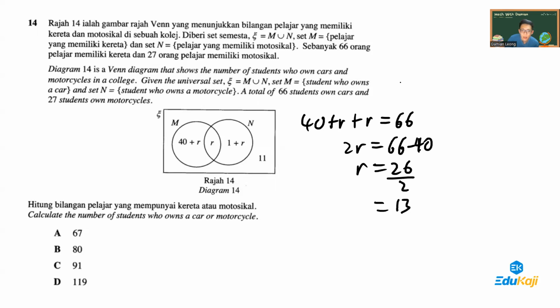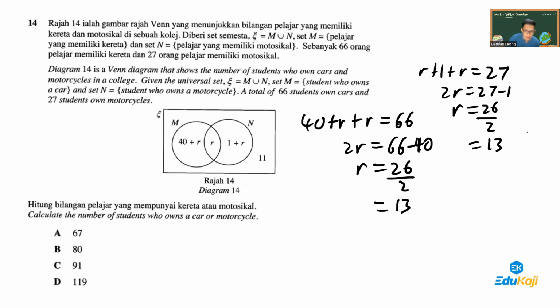If I count the other one, R plus 1 plus R equals 27. 2R is 27 minus 1, 26, times 2, opposite divide 2, I will also get an R value of 13. So you can use either one of these two pieces of information, it will still give you the same R value. So once I know what R is, 40 plus 13, 53. Here is 13. 1 plus 13, 14.